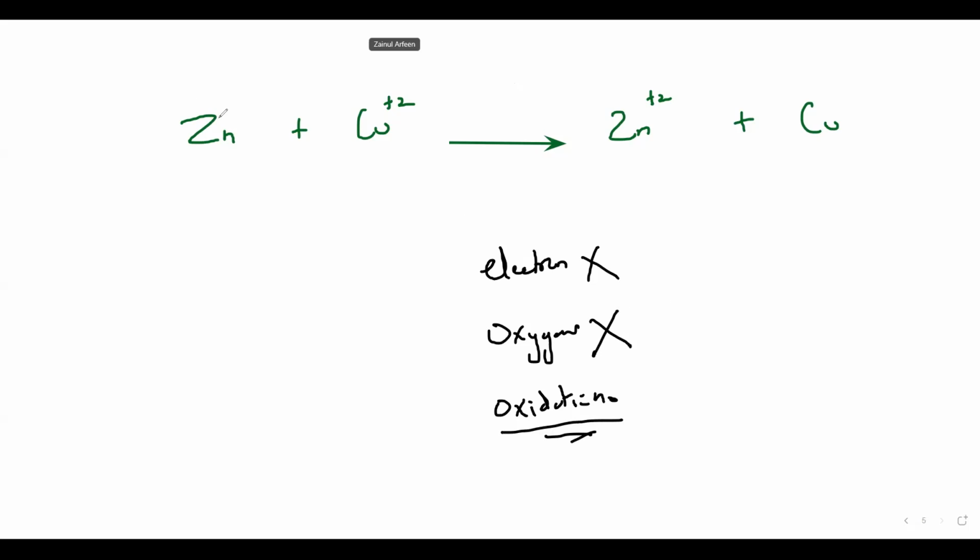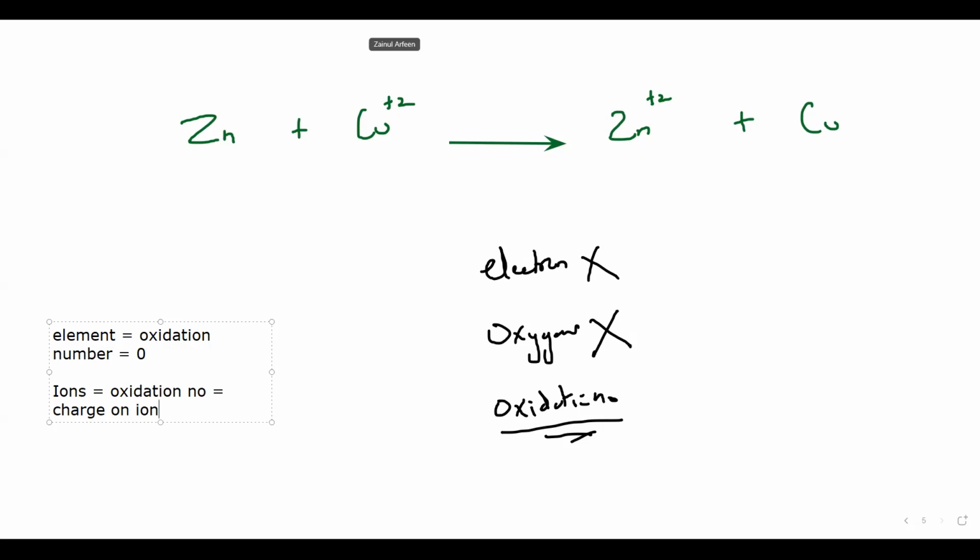Zinc is an element here, and there zinc is an ion. For ions, the oxidation number is the same as the charge. For elements, the oxidation number is 0. So when it's in element state, the oxidation number is 0, but when ions are there, the oxidation number is the same as the charge which appears on the ion.